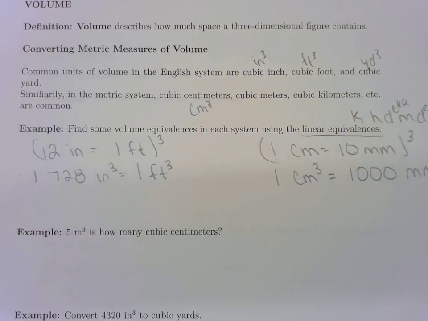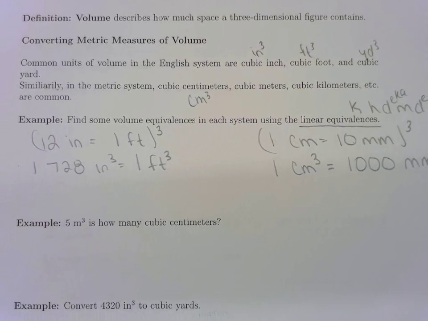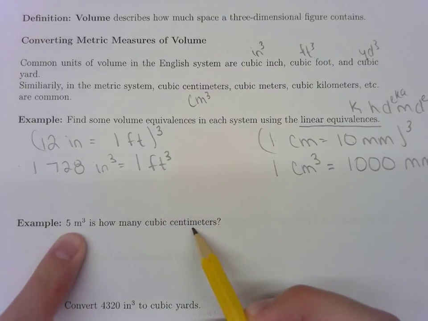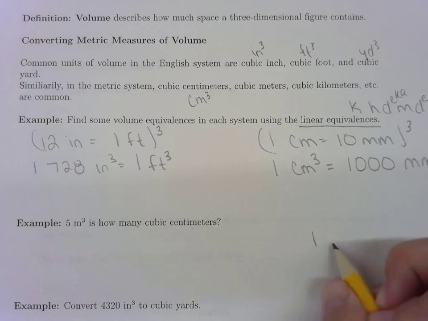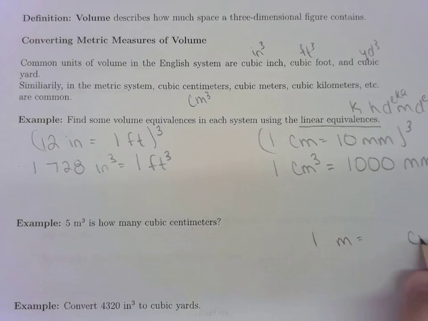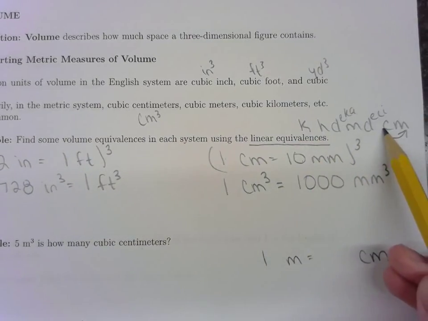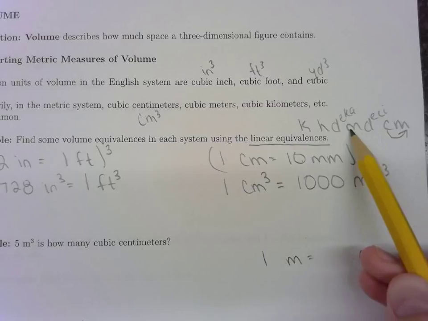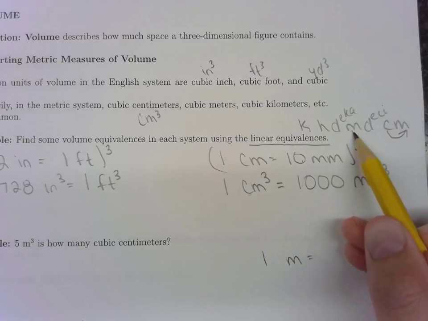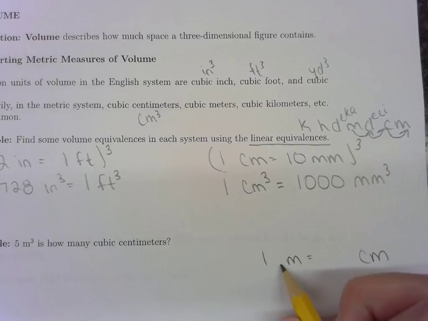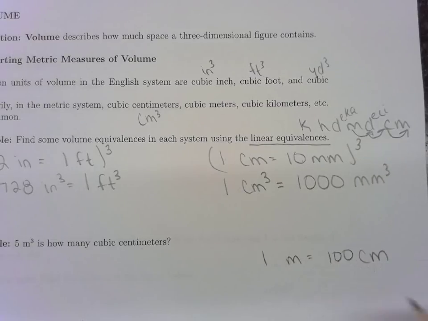Okay, so first example, it says 5 meters cubed is how many cubic centimeters? Let's start with meters to centimeters, that equivalence first. So we want 1 meter is the same as something centimeters. So meters to centimeters would be to the right 2 places, which would be 100 centimeters.